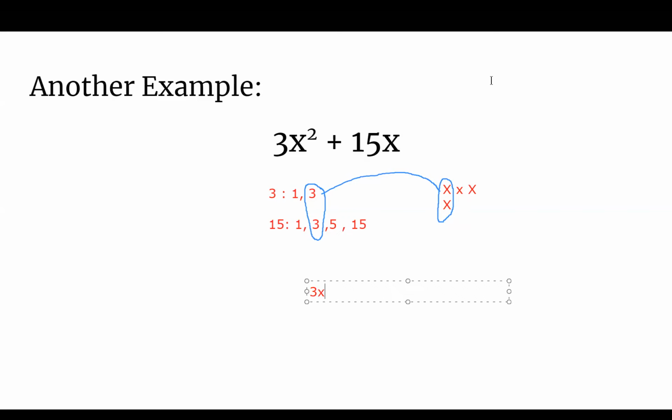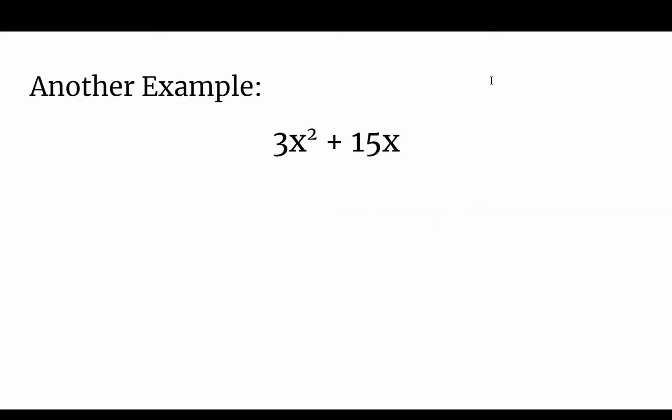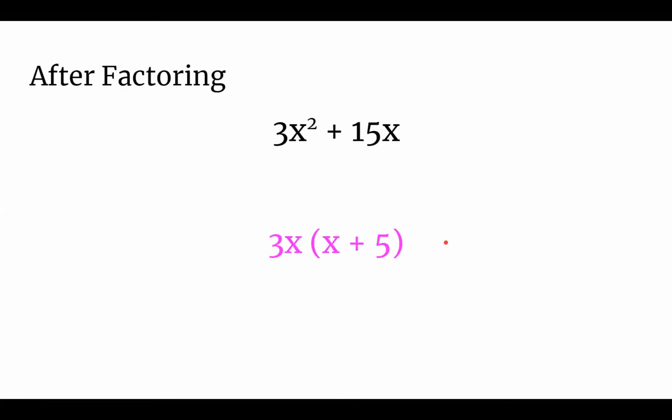And what will be the impact of this common factor on both of my terms? Take a look. I have divided 3 times x squared by 3 times x. So when a 3 is divided by 3, a 1 remains, and it's not required to show a 1 with a variable.